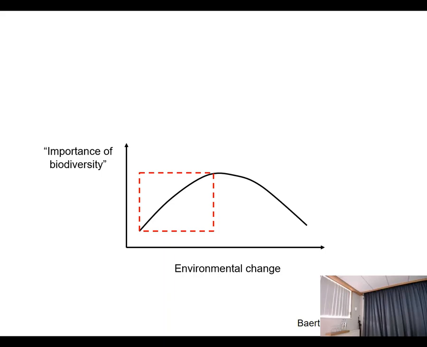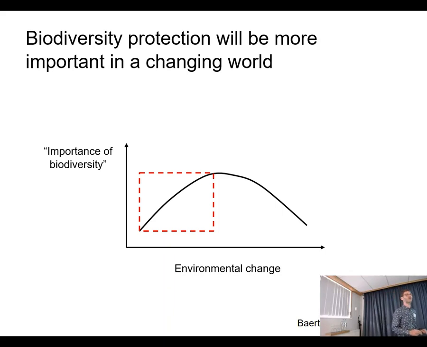Then any increase in environmental change is going to make the importance of biodiversity bigger. So this means that we predict that biodiversity protection will be even more important in a world that is changing, exactly because of this buffering effect. So it will be key to have a sufficient number of species to buffer ecosystems against future change. This is what this slide is showing.